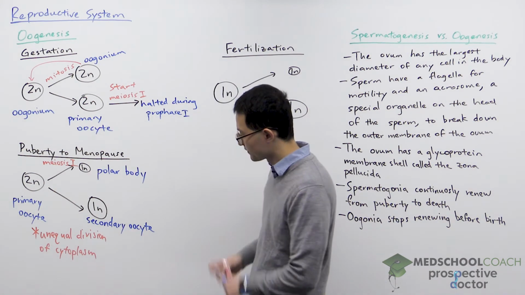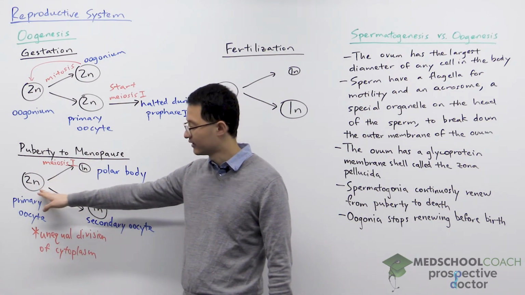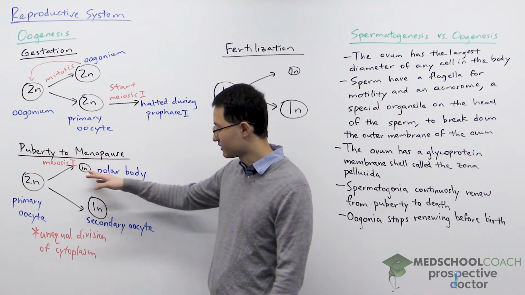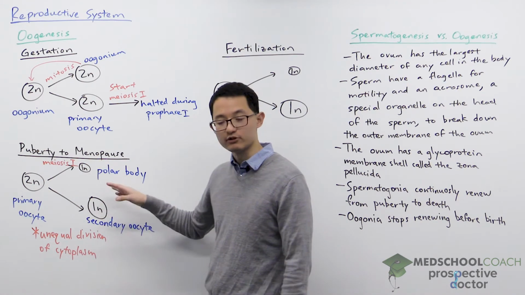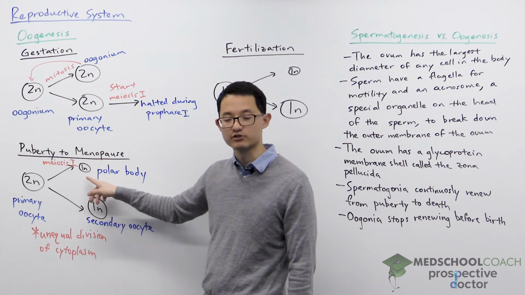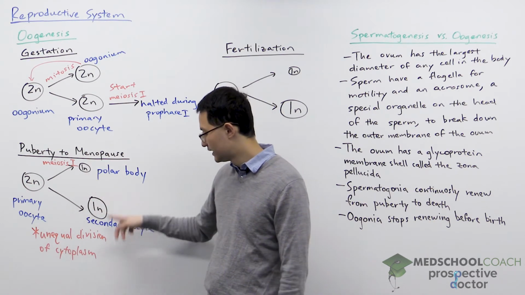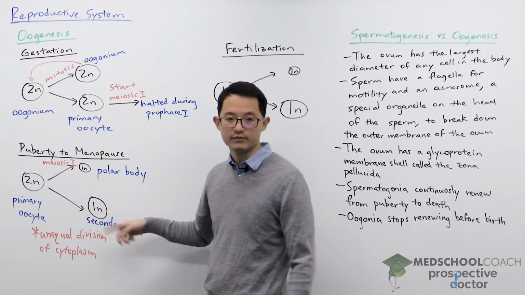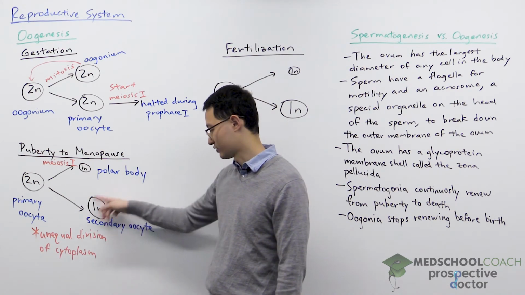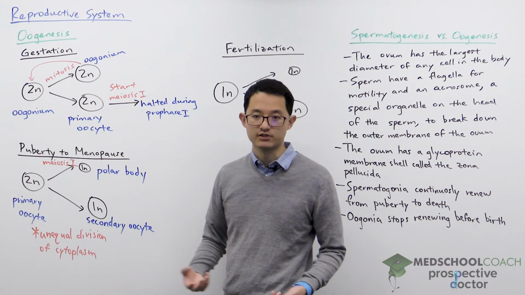Again, this is the primary oocyte. It is diploid. Through meiosis 1, the homologous chromosomes are separated, so we end up with two haploid cells. Through unequal cytoplasmic division, the polar body ends up with very little cytoplasm and is essentially just a nucleus with DNA. The secondary oocyte retains the majority of the cytoplasm, so the secondary oocyte will then proceed to meiosis 2.